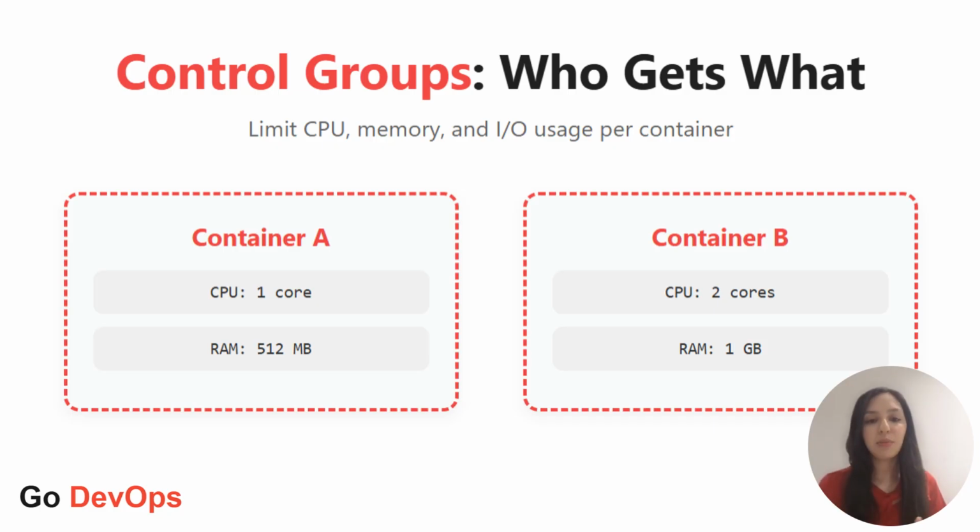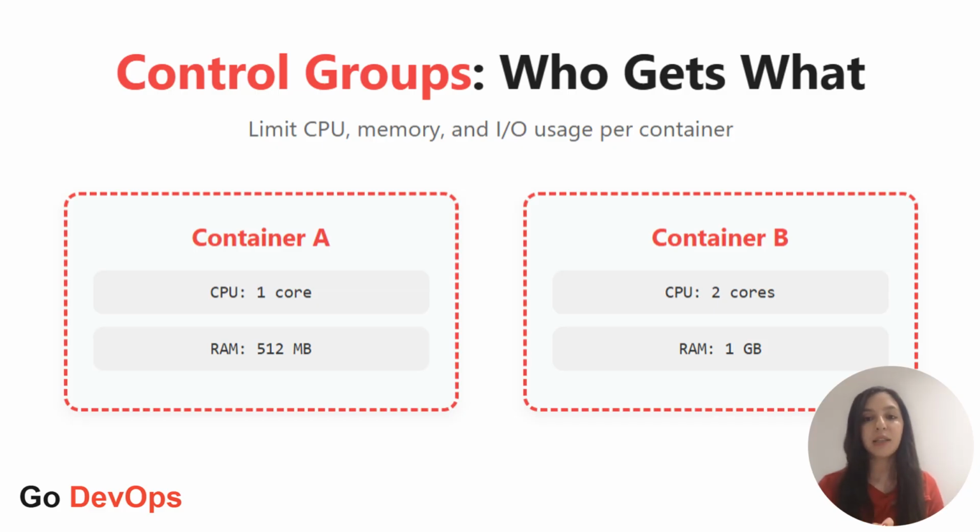So for example, in here we have container A, which might be restricted to a single CPU core and 512 megabytes of RAM, while container B is allocated 2 cores and a full gigabyte of memory. This resource isolation ensures that no single container can overconsume and affect the stability of the system.